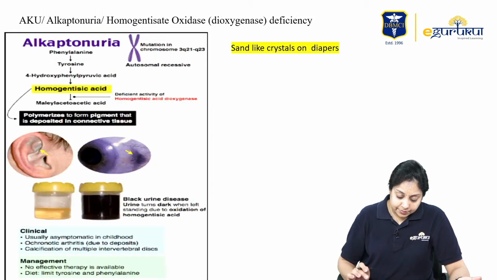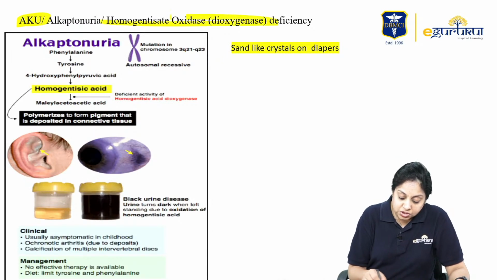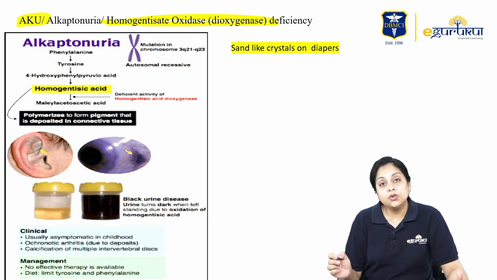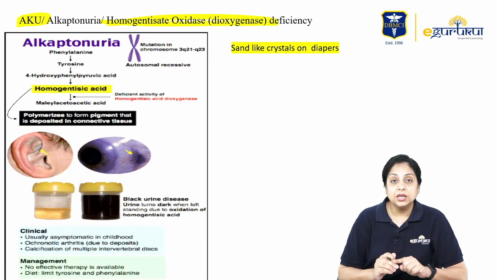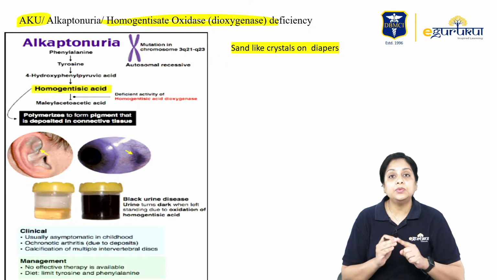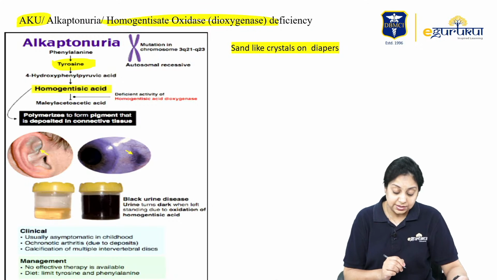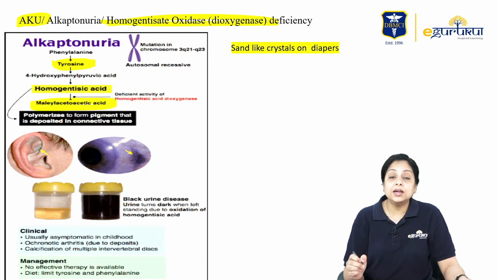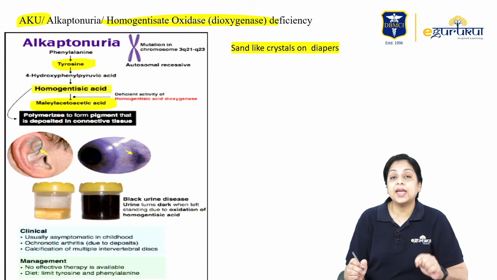And this is what we know about alkaptonuria, right? That is because of deficiency of homogentisate oxidase, and that is related to the degradation of the aromatic amino acid phenylalanine, which is an essential amino acid. So from phenylalanine, what do we get? We get tyrosine. That is why tyrosine is a non-essential amino acid, right? Tyrosine gets converted into homogentisic acid eventually, and then via the homogentisate oxidase enzyme, we get maleylacetoacetic acid, right?